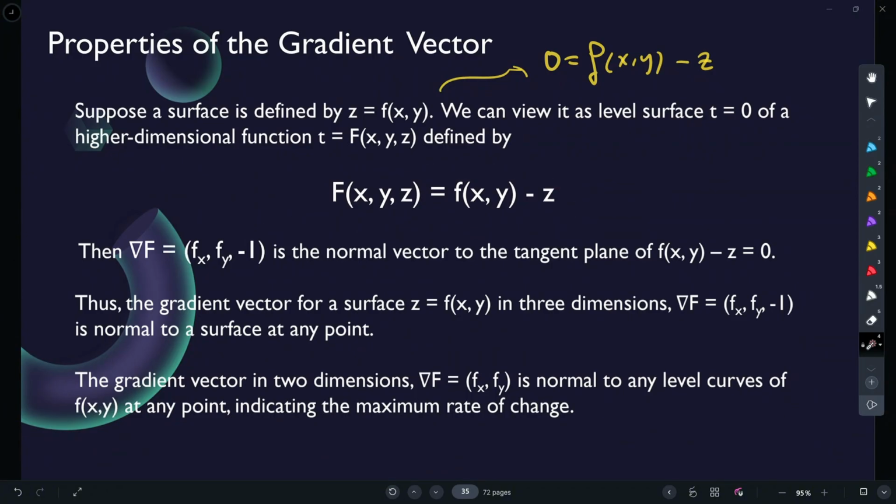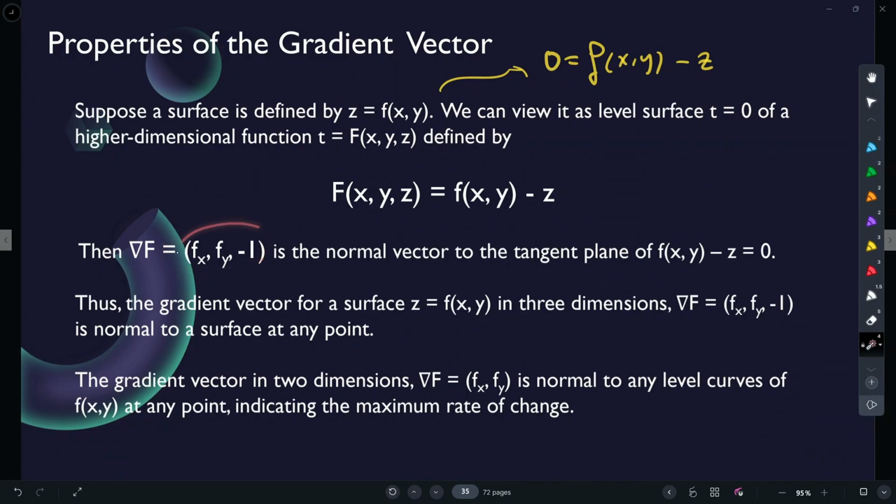But we know that the normal vector at a surface like this, if I want to find the tangent plane, we figured out what the formula was. The vector of partial derivatives with respect to x, with respect to y, with respect to z of this function gave me the normal vector to the tangent plane.